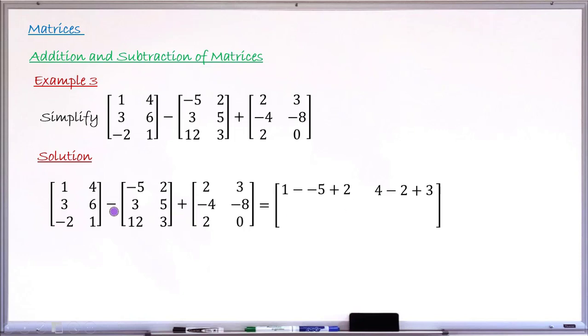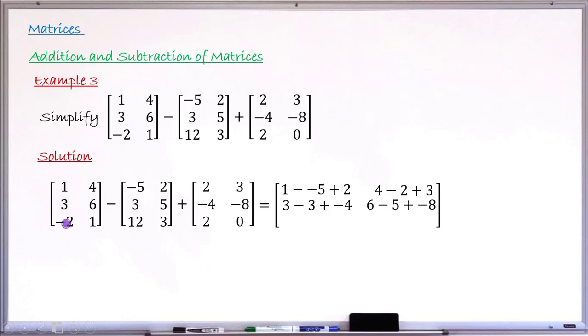I'll move to the second row. This 3, this 3 and this minus 4 are in corresponding positions. So I can say 3 minus 3, then plus minus 4. Let me write it here. Then the next element will be 6, 5, and minus 8, so 6 minus 5, then plus minus 8.